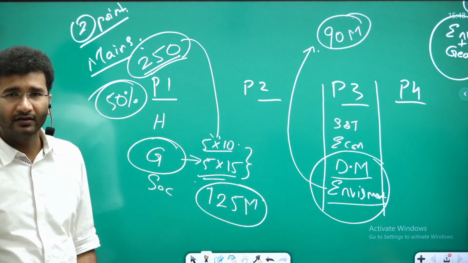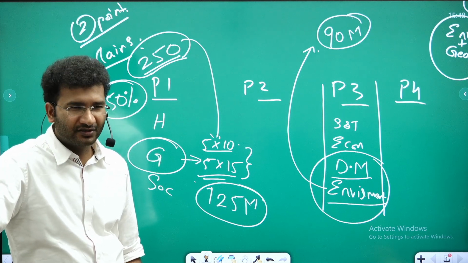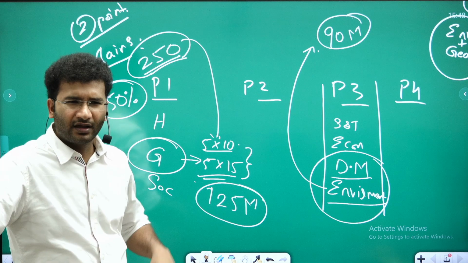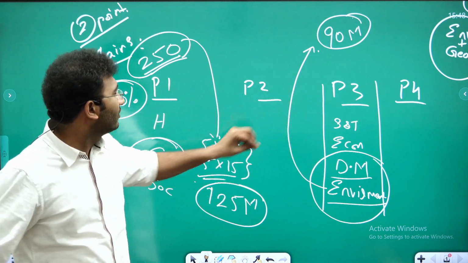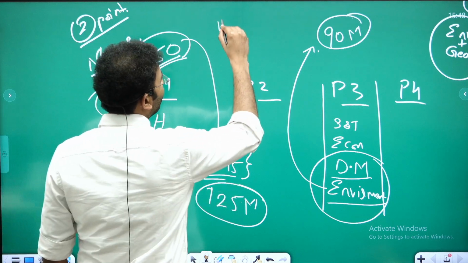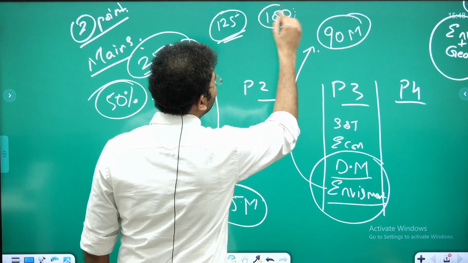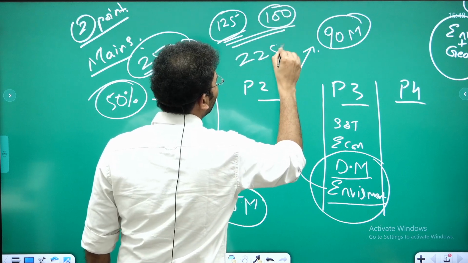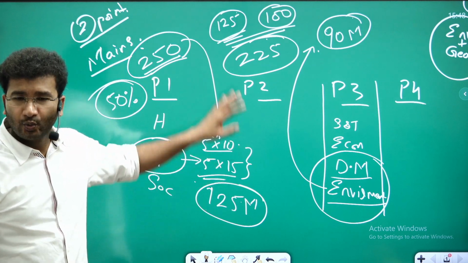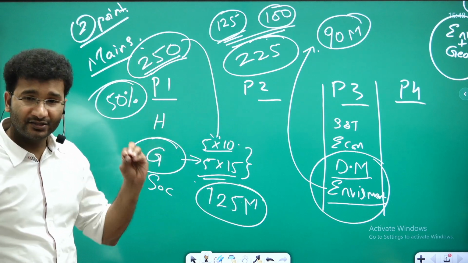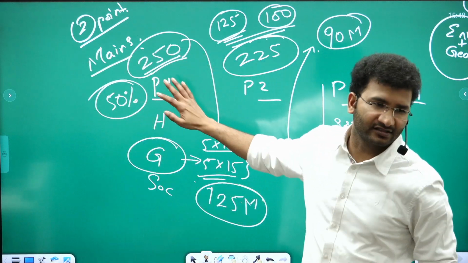So if you are taking geography as an optional, on average you have an added advantage in paper 1 and paper 3. You will have 125 marks prepared here plus around 100 marks, which together account for 225 marks, right? 225 marks, an advantage you have without even focusing on general studies.